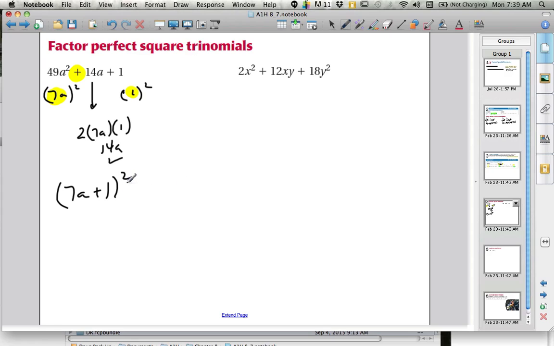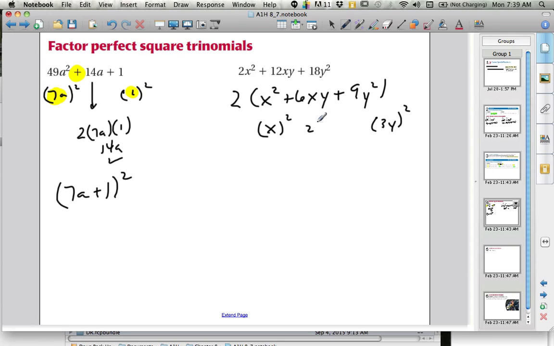Let's take a look at another one. If we look at this one, is 2x squared a perfect square? No, it's not. But if I look at this more closely, I'll see, oh, well, I could factor a 2 out of all of this. And once I do that, is x squared a perfect square? Yes, it is. It's x squared. Is 9y squared a perfect square? Yes, it is. It's 3y squared.